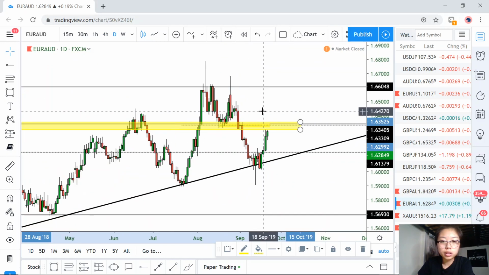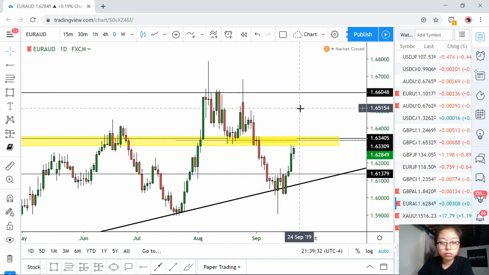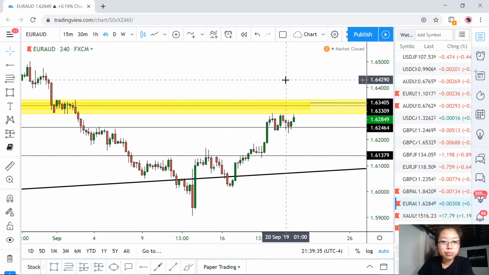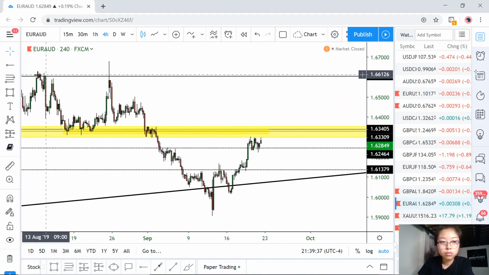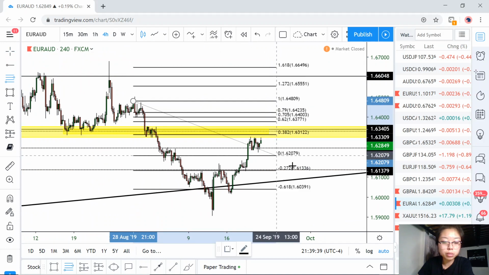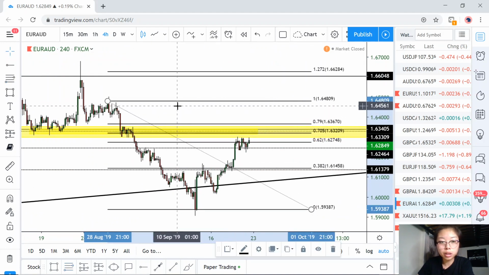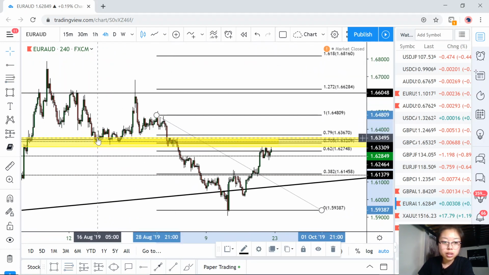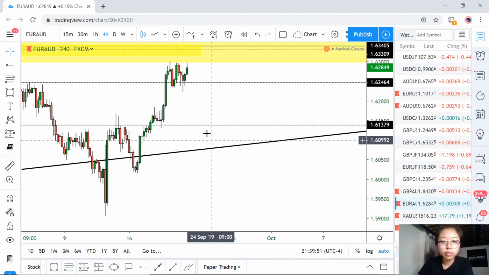Pull my little fib, going from top to bottom. My neckline aligns with the levels, the 62 to 79 levels. So just keep that in mind.